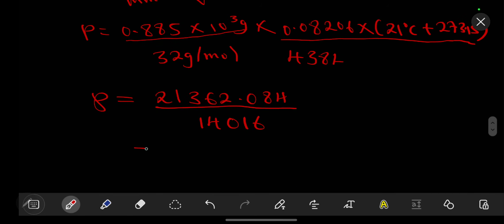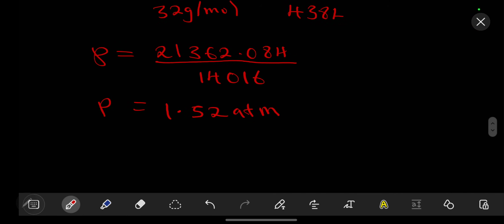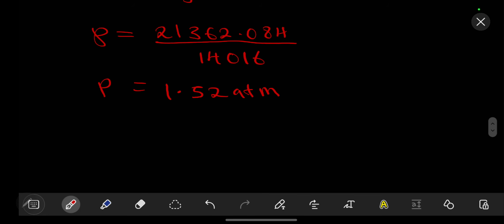So when we divide 21,362.084 by 14,016, this will give us a value of 1.52. The pressure has to be in atmospheres, so we have found our pressure in atmospheres.